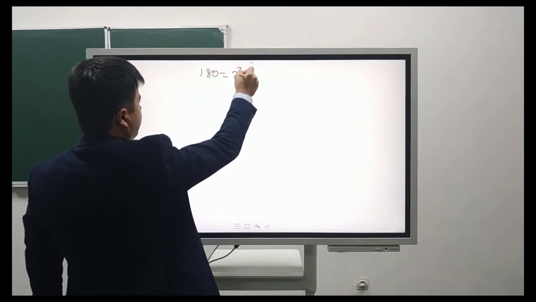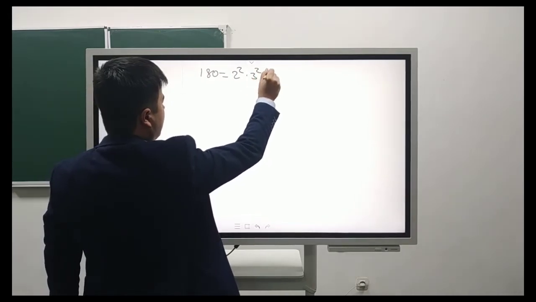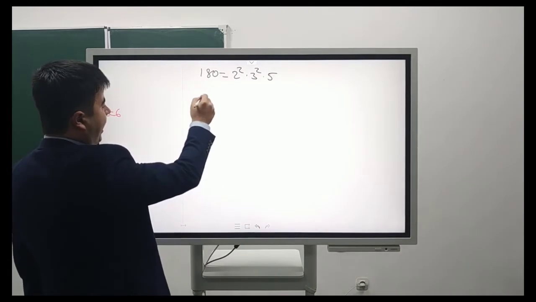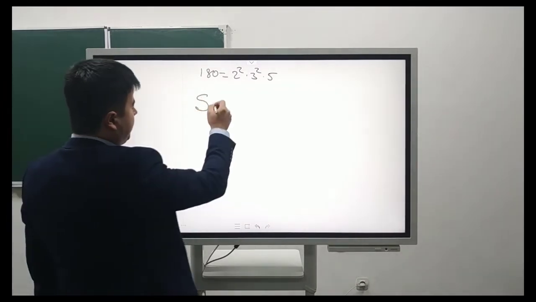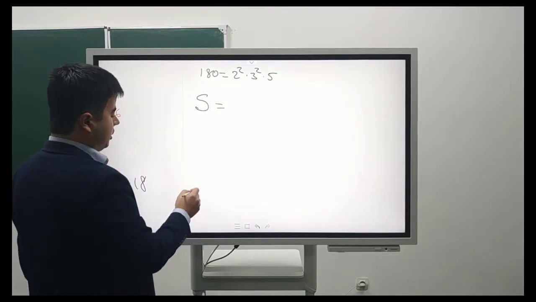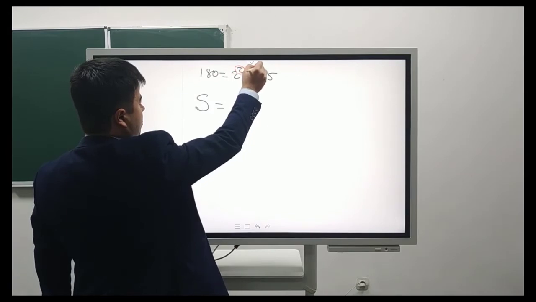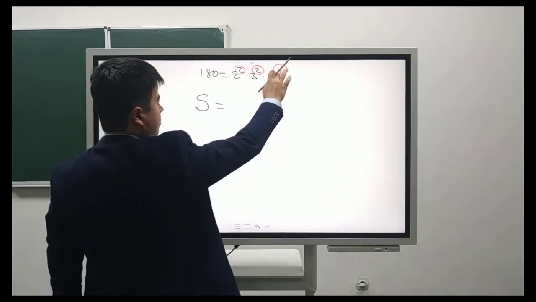It is 2 squared, 3 squared times 5. Okay, and now to find the sum, let's denote by S the sum of divisors. And here, again, we need to consider the powers: 2, 2, and 1.